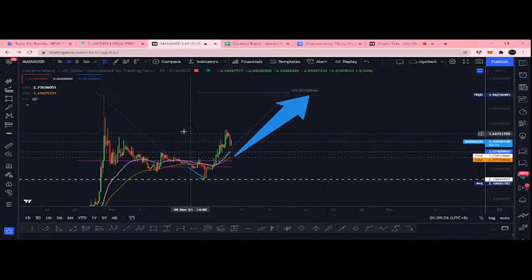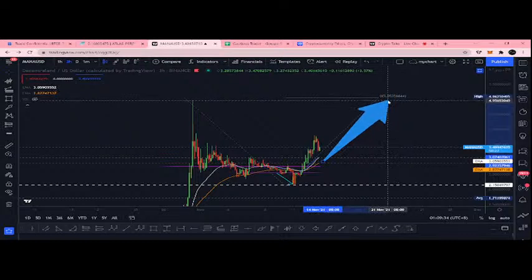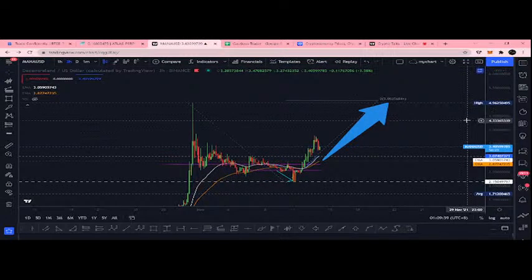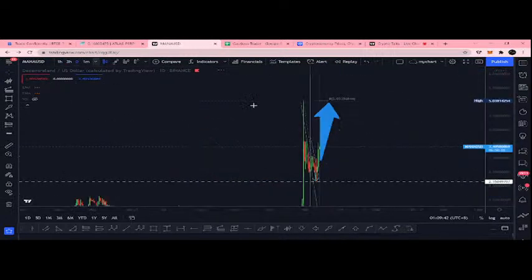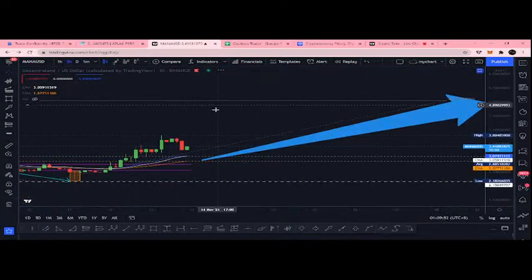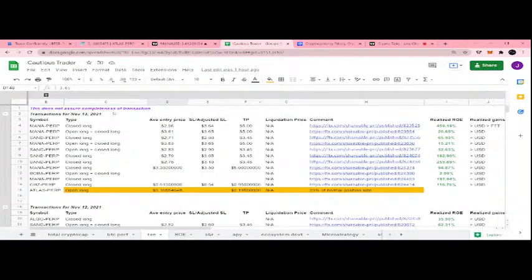Since all the indicators are in confluence with each other, I think within the next few days, or even possibly a few hours, it might retest the all-time high, which is the $5. That $5 is also my TP area for my still open position, because I already closed some, which you can see in my transactions yesterday.